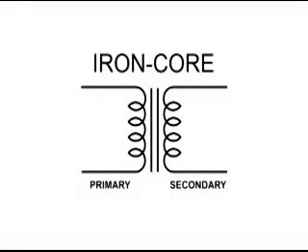Here is an iron core. They're generally used in lower frequency like audio and power. They also, because of the iron core, can transfer much more power. In other words, that magnetic field is much stronger because of the iron core.